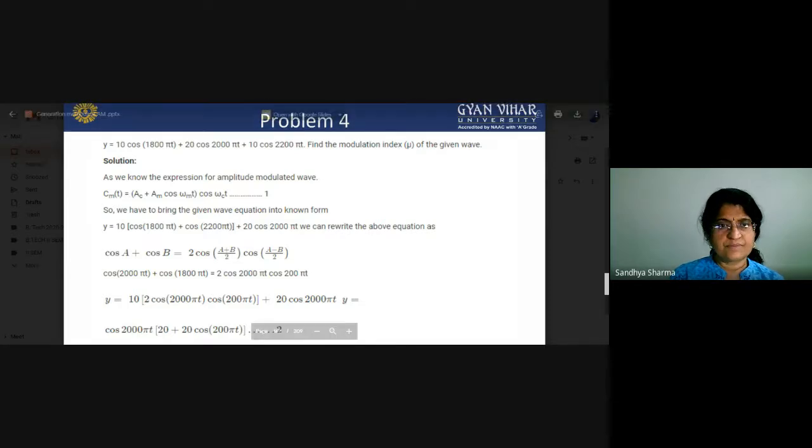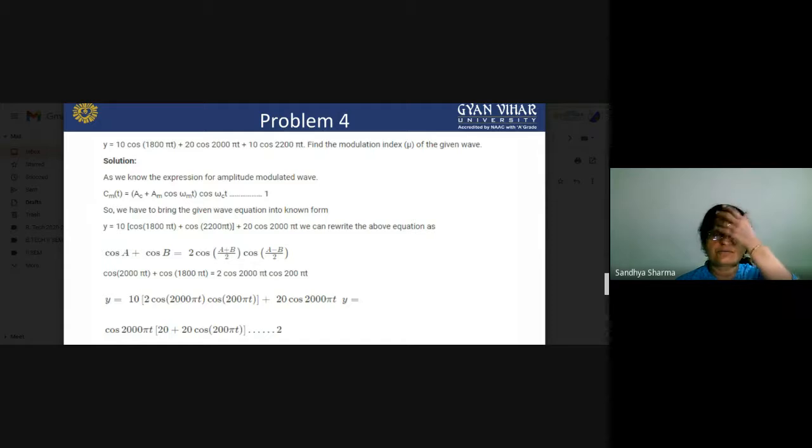That is basically 10 cos this and this. Now we use the formula for cos A plus cos B, which is equal to 2 cos of (A plus B) by 2 times cos of (A minus B) by 2. That is the basic equation.